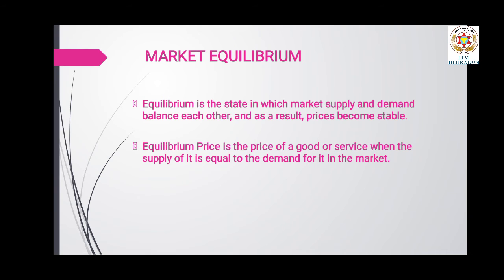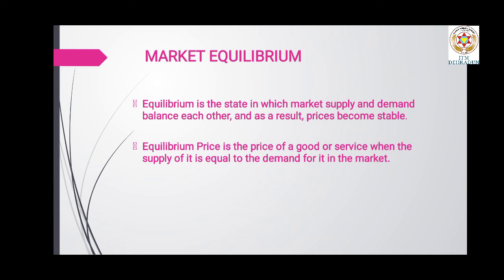Now, after understanding the concept of demand and the concept of supply, we can easily understand the market dynamics. The market dynamics show how price affects demand and supply, and with this the price is determined in the market.